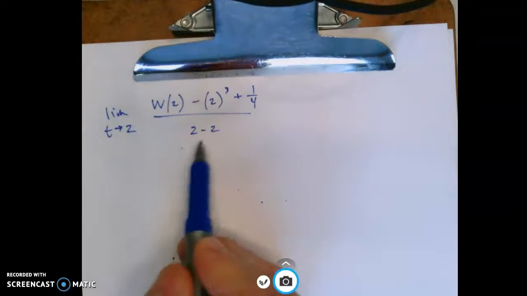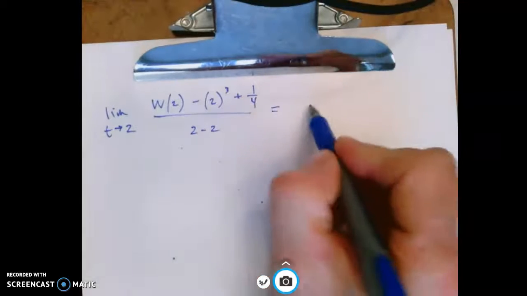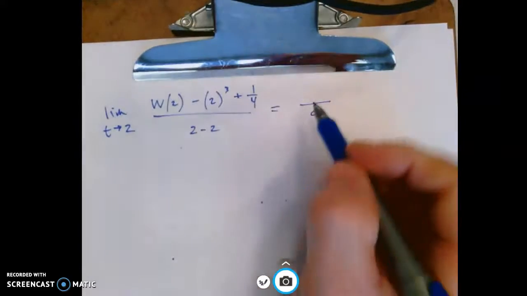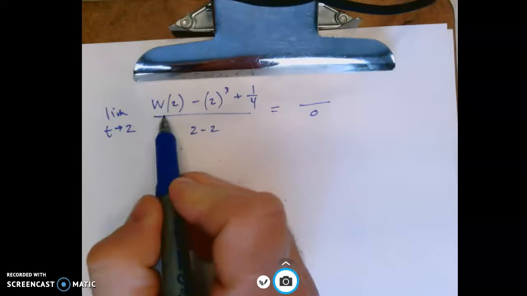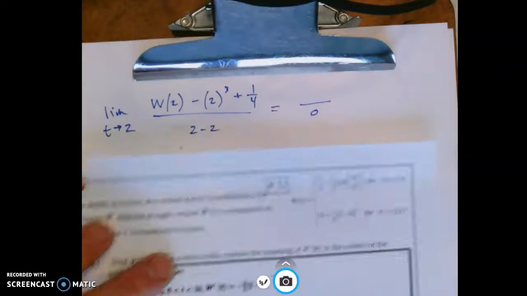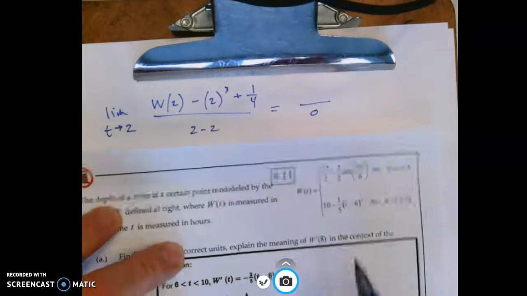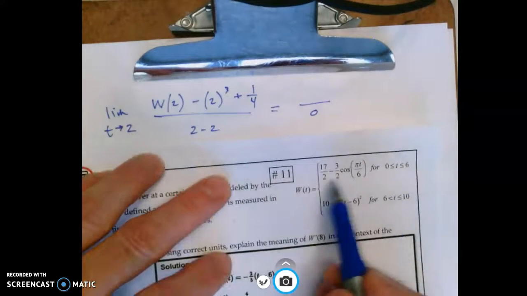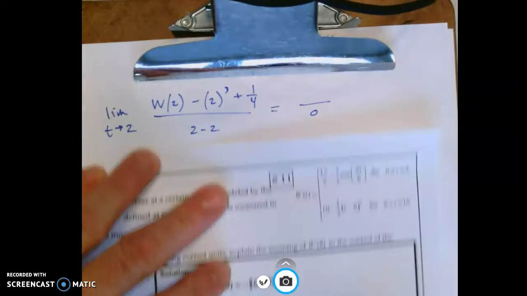So this becomes 2 minus 2, so 0 in my denominator. And then I get 8 plus 1/4, but I should be aware that it might come out to 0 over 0. So I evaluate this function at 2.